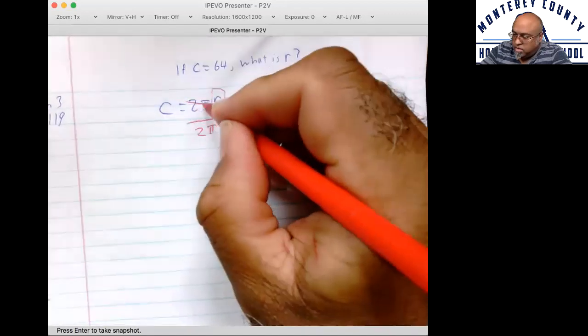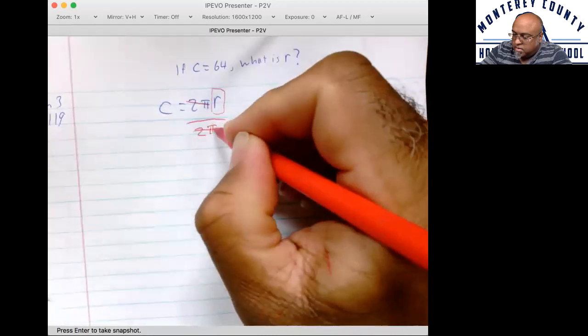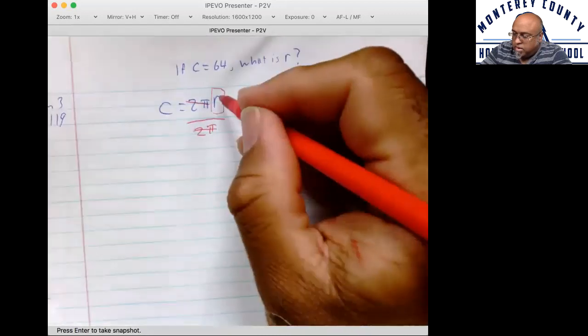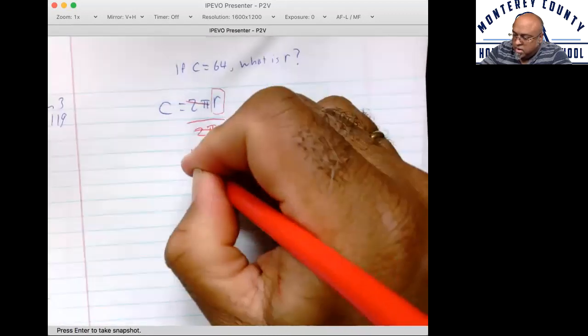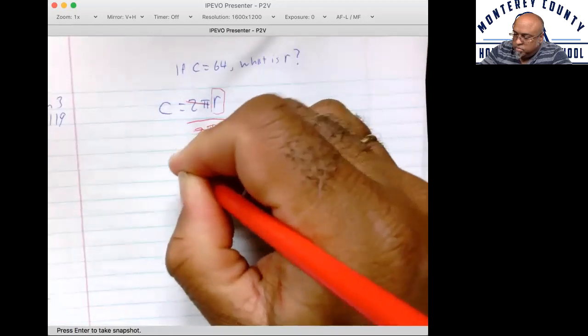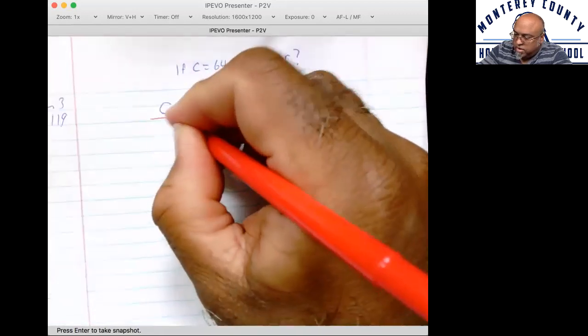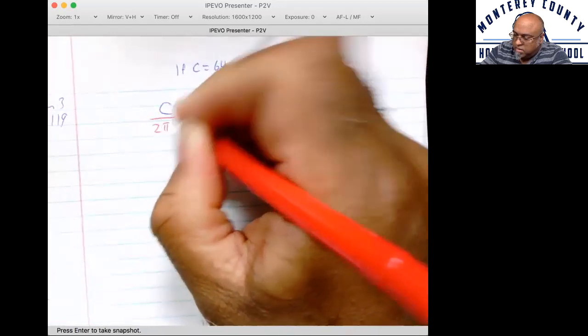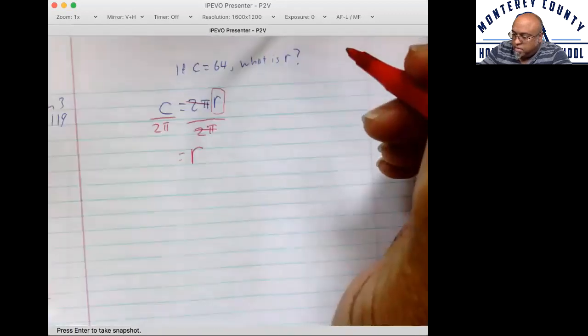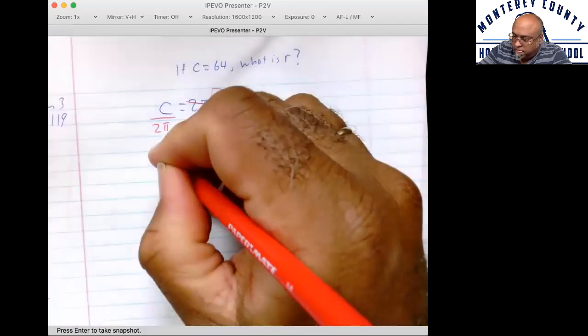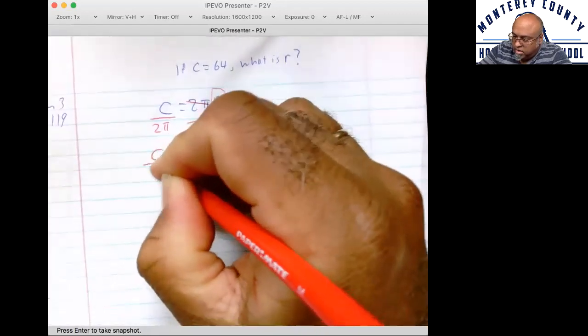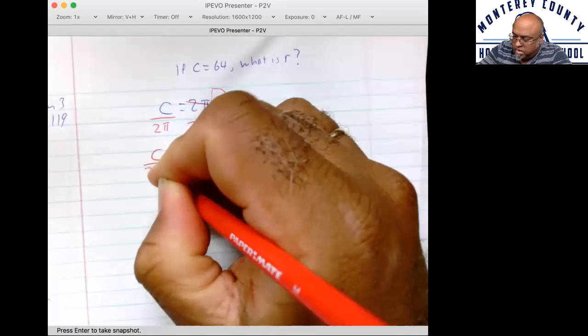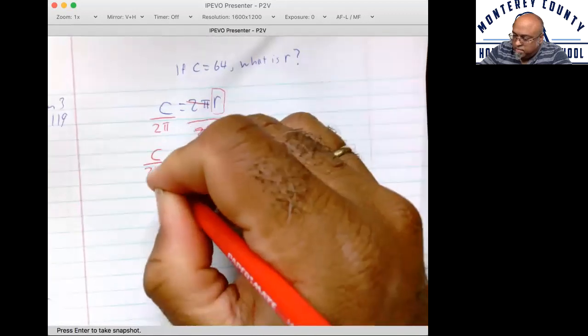So I can divide that out and completely remove it from the right side of my equation, leaving me with r. So let's go back to the left side of the equation, and I can put that on there. So now I have c divided by 2 pi. So c divided by 2 pi is equal to r.